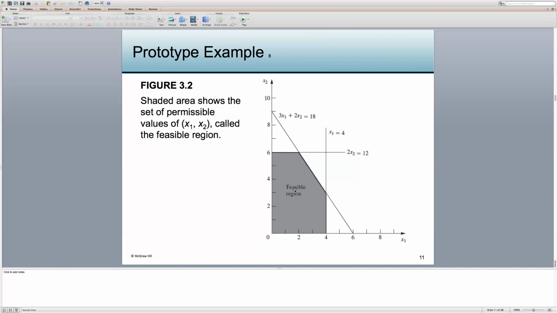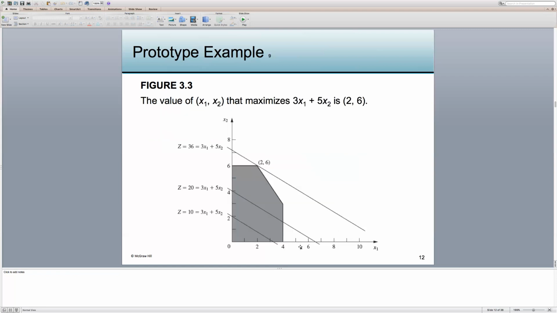The value of Z is the profit from producing x1 batches of product 1 and x2 batches of product 2. What is our objective function? It's Z equal to 3x1 plus 5x2.